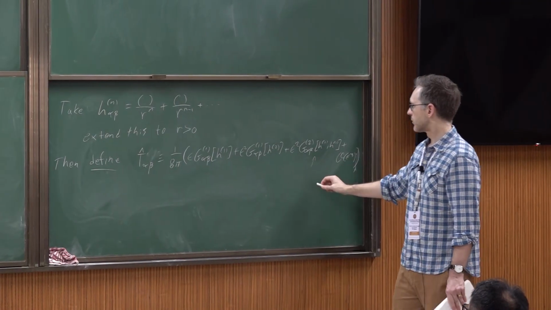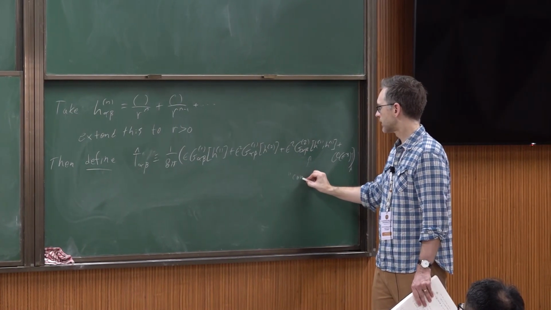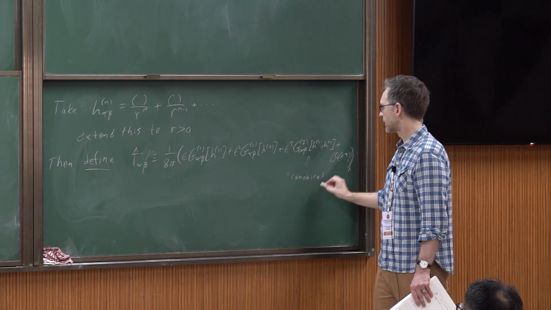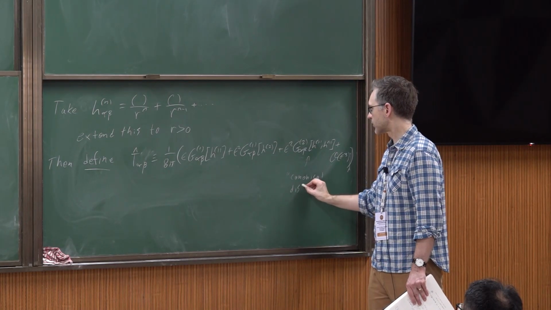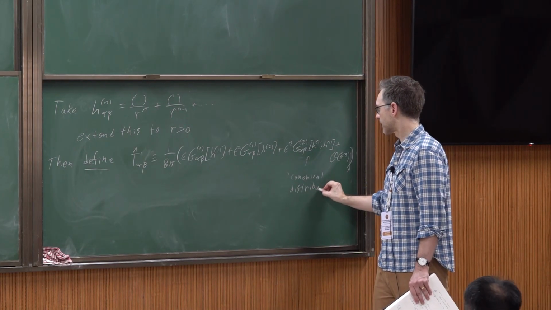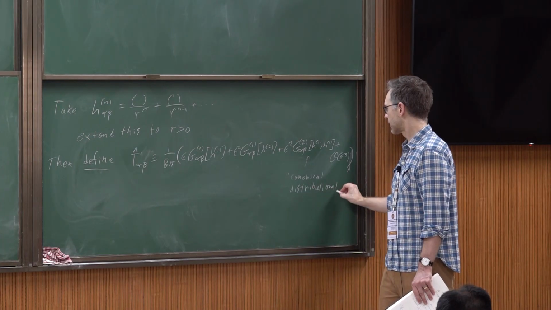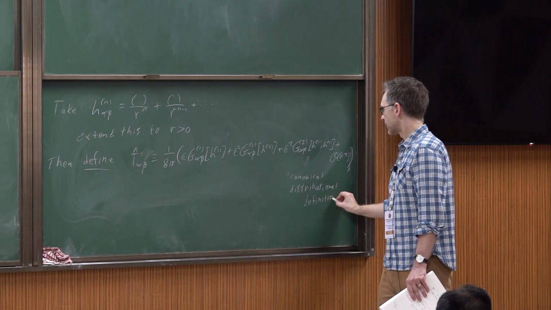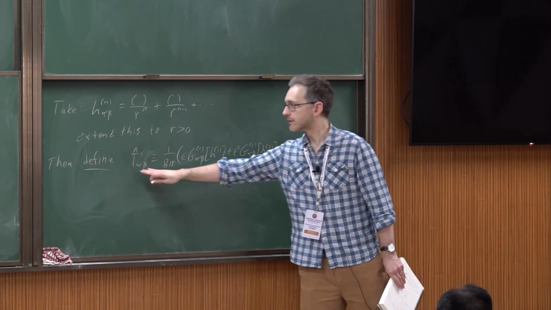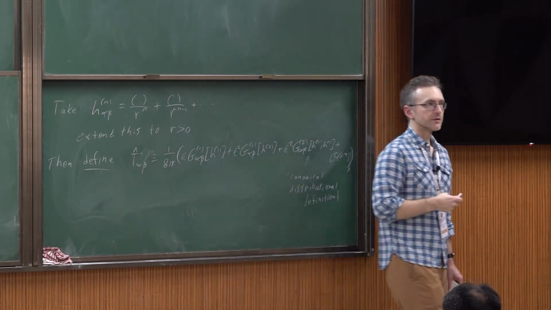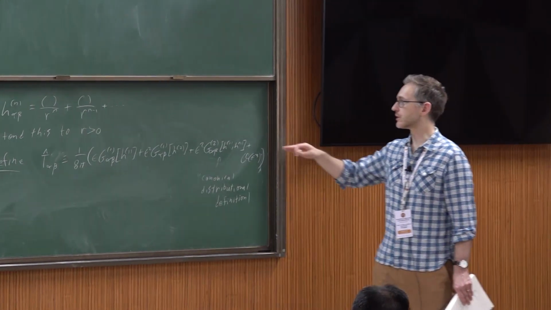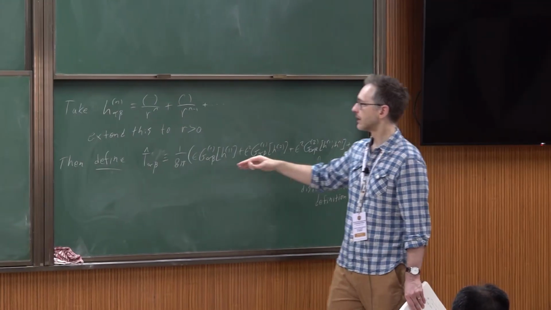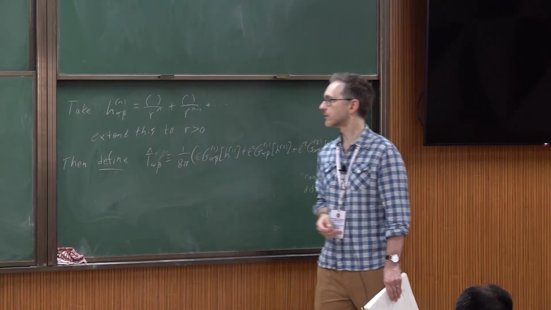So we give this what we call a canonical distributional definition, which is just a definition that gives us a nice T hat and gives us the correct solution to the Einstein equations, if we take T hat as our source.